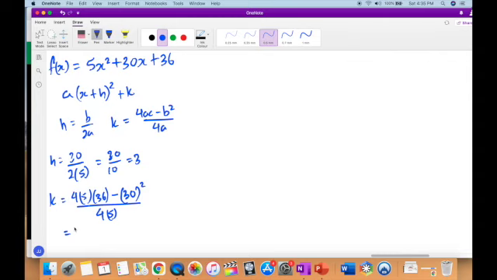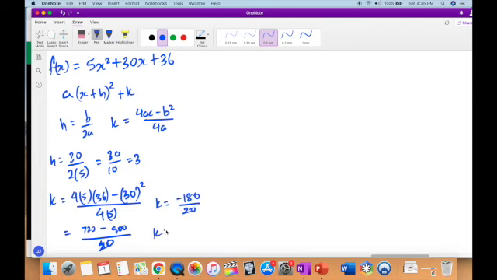36 times 5 times 4 is 720, minus 30 times 30 is 900. So this is a negative number. 5 4s are 20, right? So therefore k is 720 minus 900, which is negative 180, divided by 20.